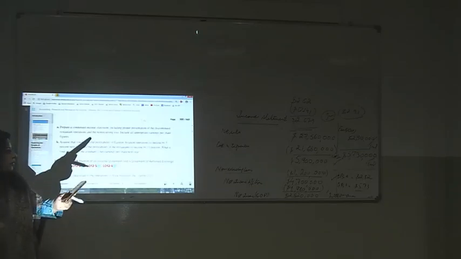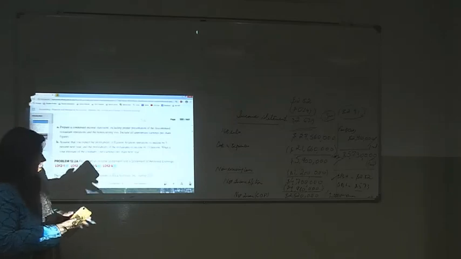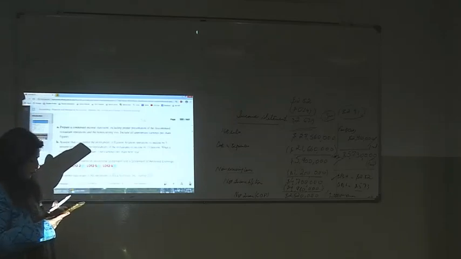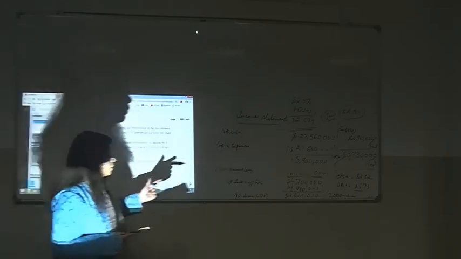Just multiply 2.82 by 0.10, subtract that from 2.82, and you get 2.538. So if it was 5%, you will be getting 2.679, and if it was 10%, you will be getting 2.538. And that sums up the question. You can move on to the other question.